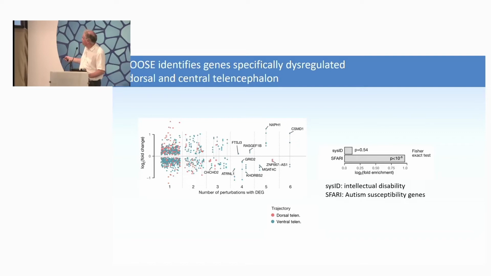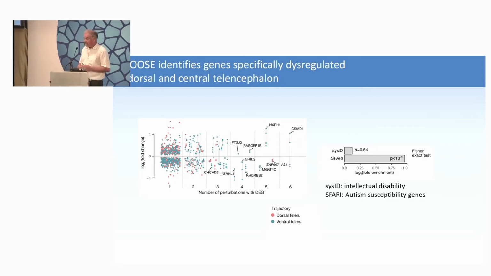And so here I've plotted for you the different genes that are deregulated specifically in the dorsal and the ventral lineage. And what you can see is that, for example, there's a gene that's called CHCHD2, which is downregulated both in the dorsal and on the ventral side, and it's a mitochondrial protein.